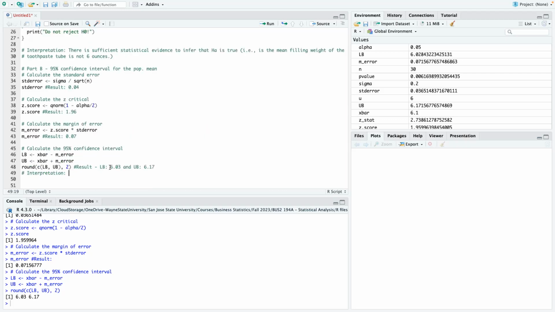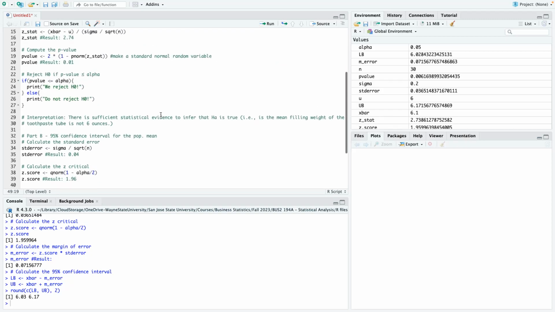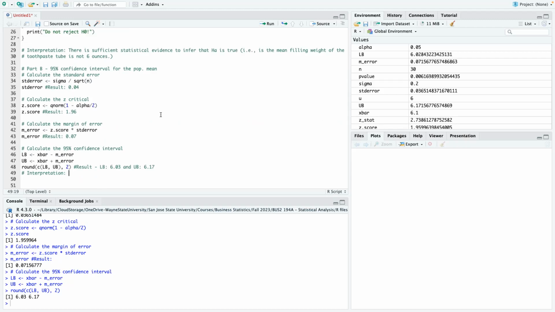So if you look in here, you can see that 6 does not fall within that interval of 6.03 to 6.17. It is outside the interval, right? Hence, our conclusion from the hypothesis testing that we reject H0 was actually correct, right?